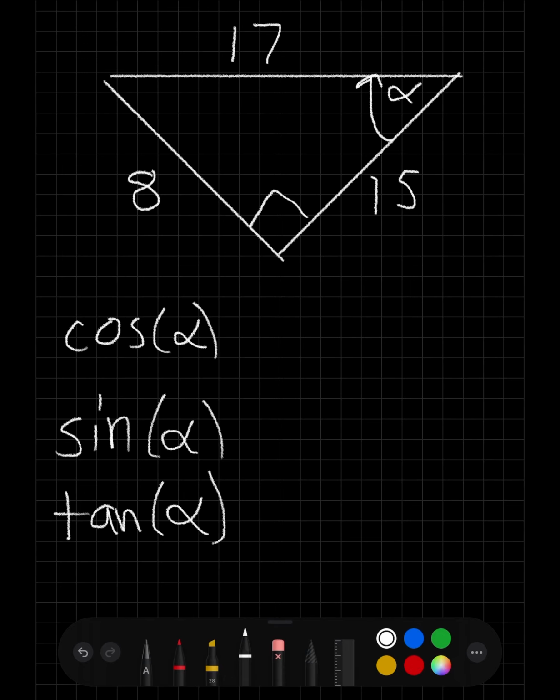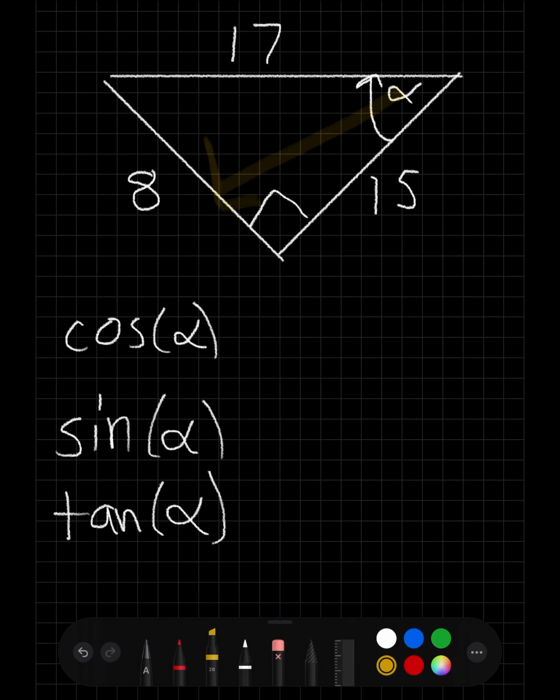Welcome back. Time to check your work. So one thing that trips students up here is identifying your opposite and your adjacent sides. It's easy to get those two confused. What I like to do is imagine if I held a flashlight where this angle alpha is and I pointed it straight out in front of me away from the angle, that flashlight would land right on this opposite side.